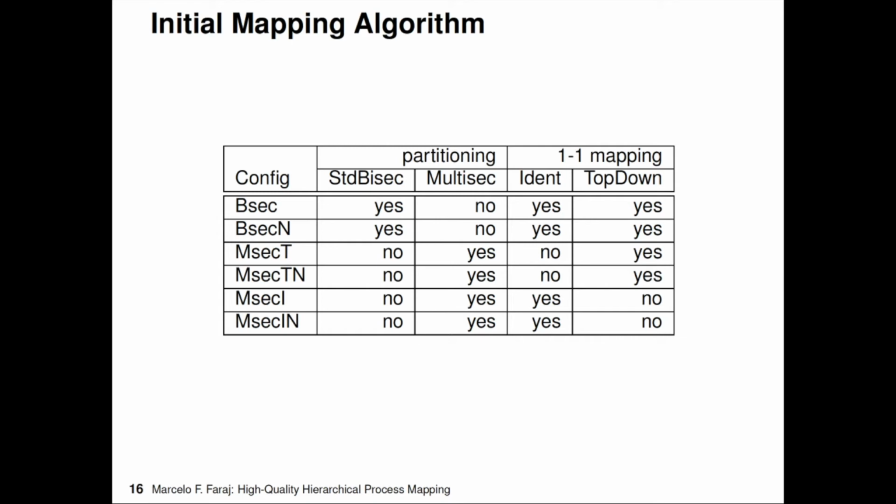And in the last 2 configurations, we use the multi-section for the partitioning and then the identity algorithm for the assignment. This is particularly good because this multi-section algorithm, as well as the bisection algorithm, has a very good locality.